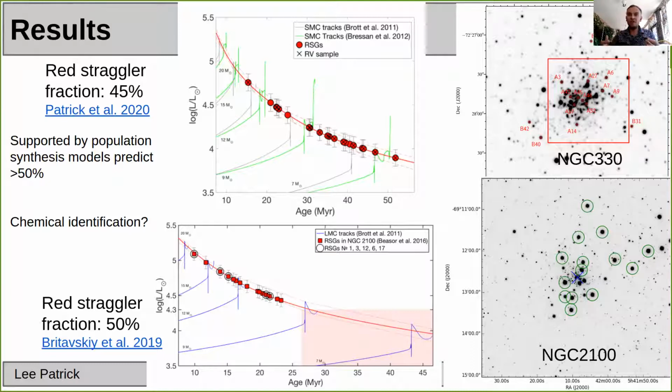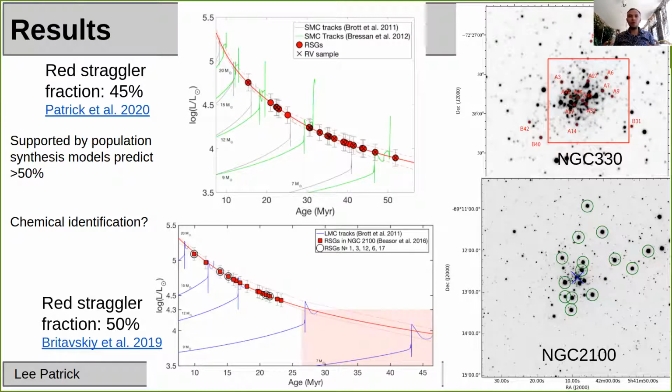We go further and determine the red straggler fraction using the evolutionary timescale of red supergiants argument, and we determine the red straggler fraction to be around 50% in both of these clusters. Such a high fraction is supported by our recent modeling work using population synthesis models, which actually predict a larger fraction than 50%.